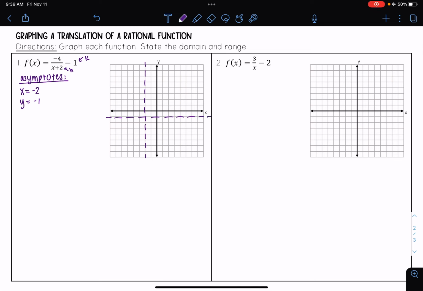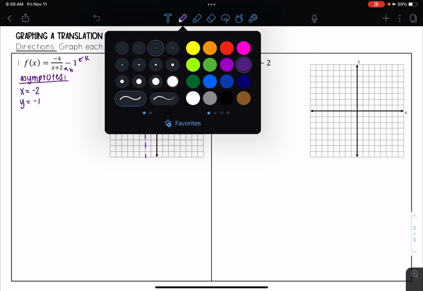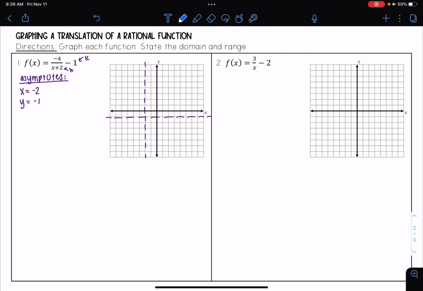And so now I can go ahead and determine some points on the left and right. I'm going to pick x values to the left of x equals negative 2 and to the right of x equals negative 2. You can choose these strategically so that you get a whole number. First I see that if I plug in negative 6, I get 4 on the bottom, and negative 4 can be divided by 4.